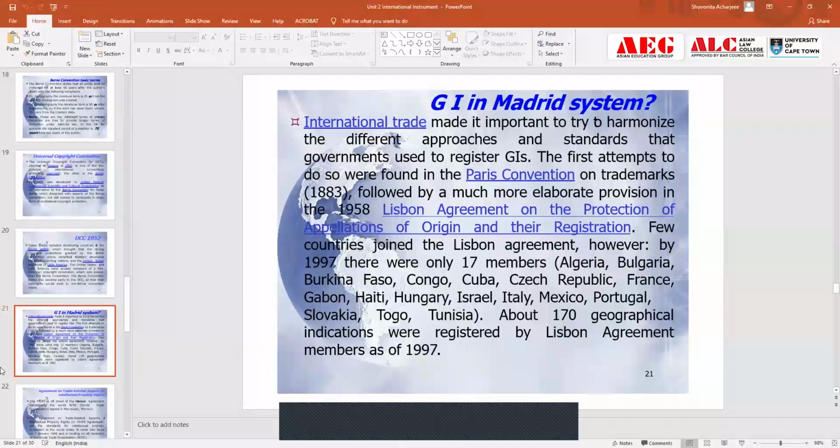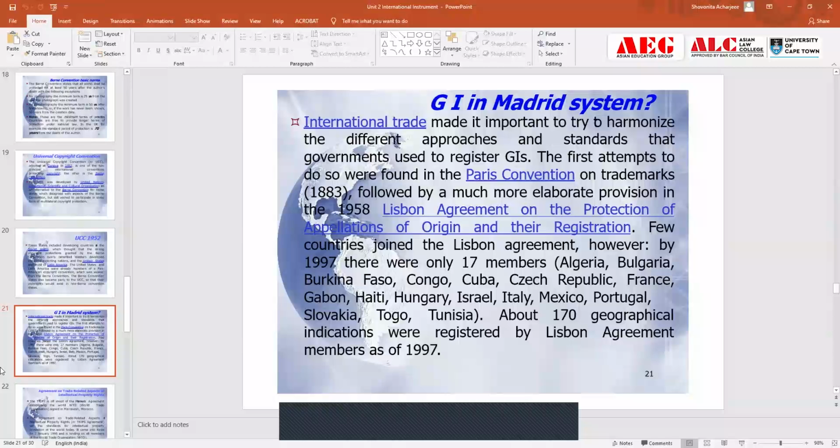Few countries joined the Lisbon Agreement initially, but later about 170 countries' indications were registered under the Lisbon Treaty till now as of 1997.